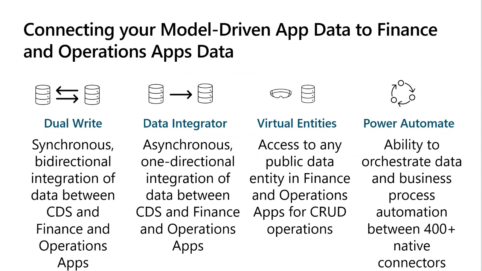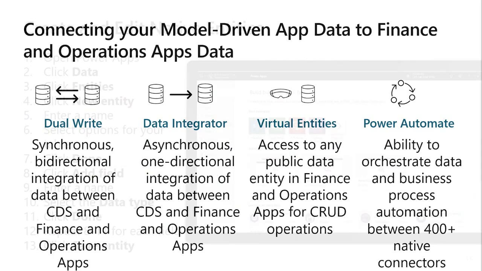So if you need to get data from multiple different places to be able to display that in finance and operations, this is a great option to use one of these 400 plus connectors to connect to whatever that data is. And if you do need data to go back into finance and operations because you have business logic in F&O, you can make a connection to F&O directly.